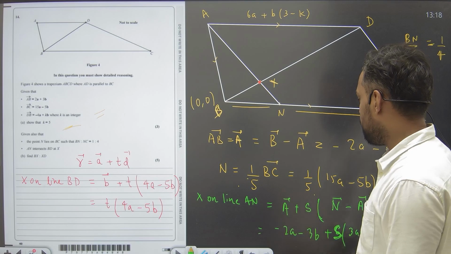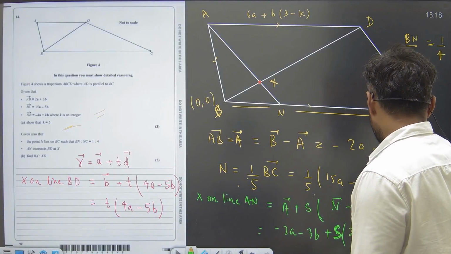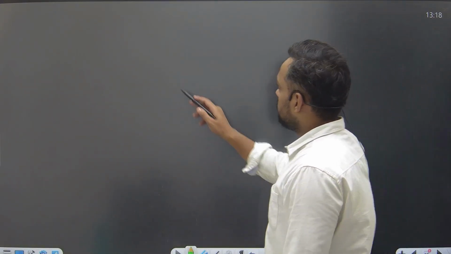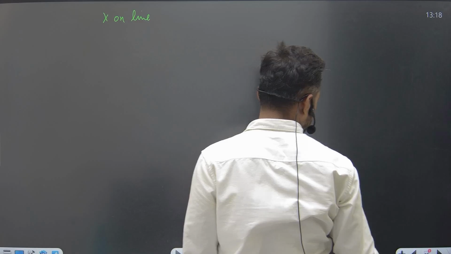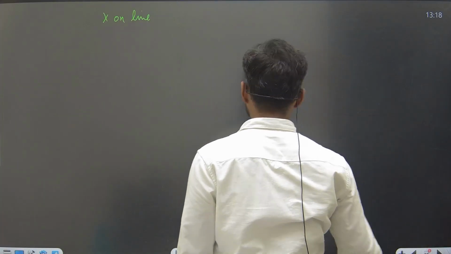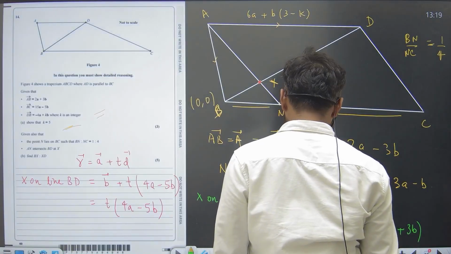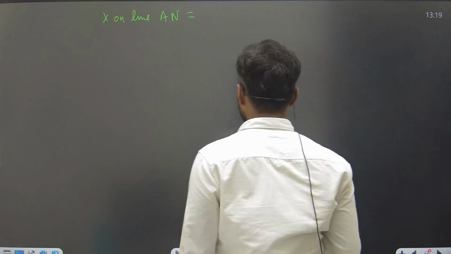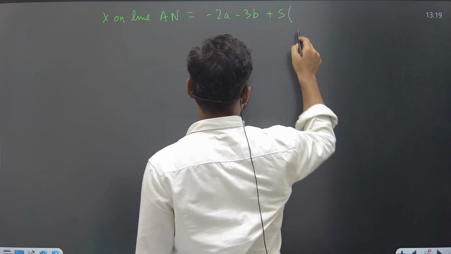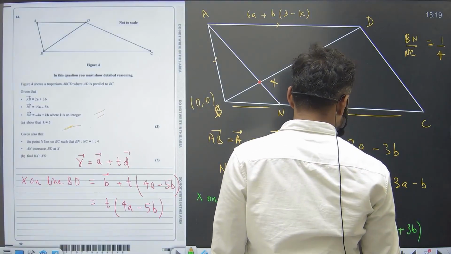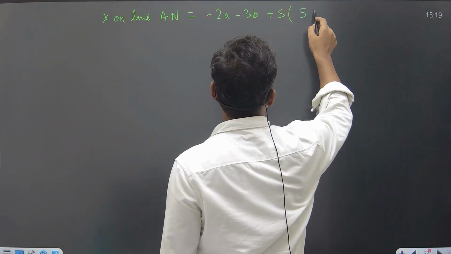So the parametric form of x on line AN, if I calculate it further, we get minus 2a minus 3b plus s times 5a plus 2b.